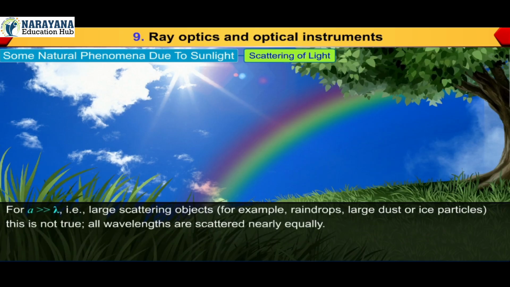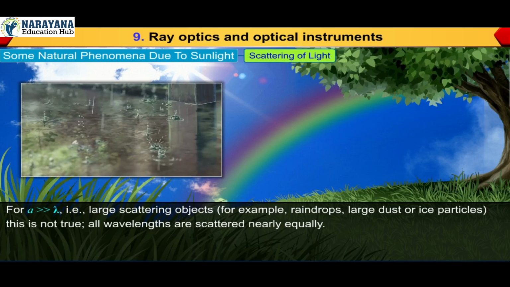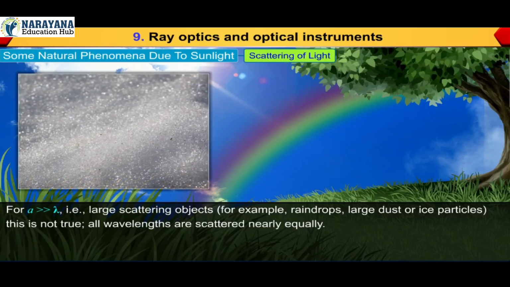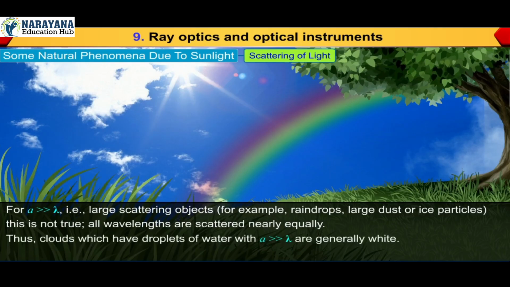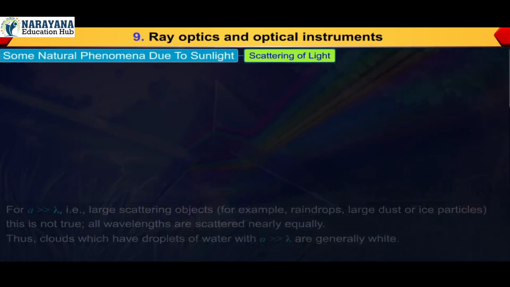For a much greater than lambda, that is, large scattering objects, for example raindrops, large dust or ice particles, this is not true. All wavelengths are scattered nearly equally. Thus, clouds, which have droplets of water with a much greater than lambda, are generally white.